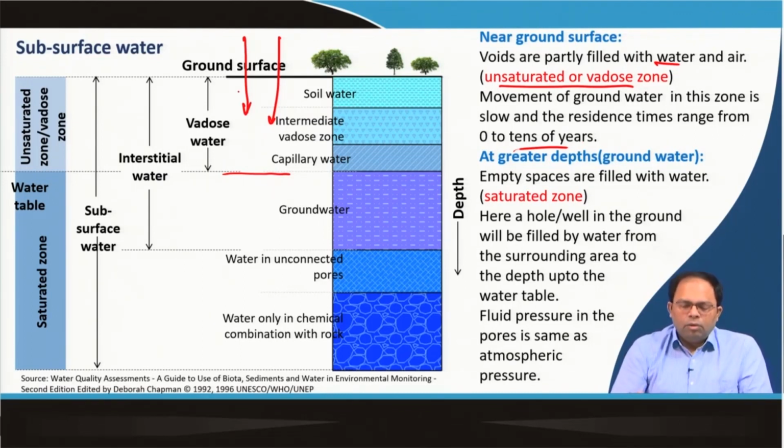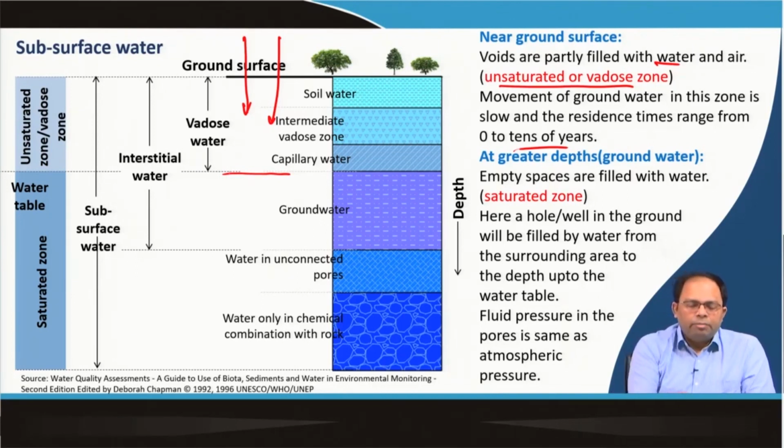Whereas, at lower depths, in the saturated zone, the empty spaces are completely filled. That is why it is saturated, and here if we dig a hole or a well in the ground, it will be immediately filled with water from the surrounding area to a depth up to the water table. This is the level at which the fluid pressure balances with the atmospheric pressure.